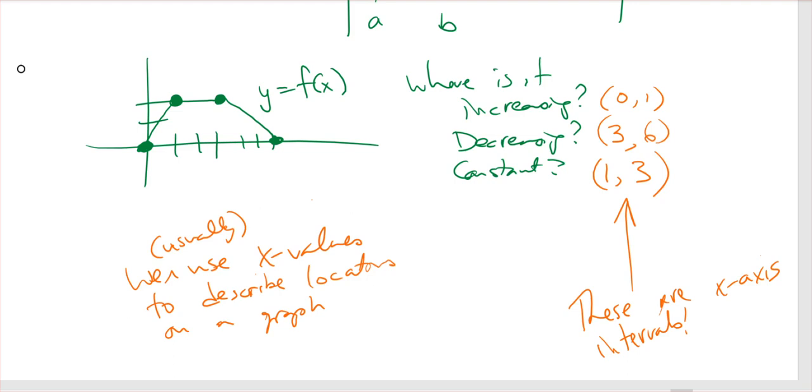Any input is going to give you a unique output, so it makes more sense to talk about function graphs in terms of their inputs, because there's exactly one output for each input.